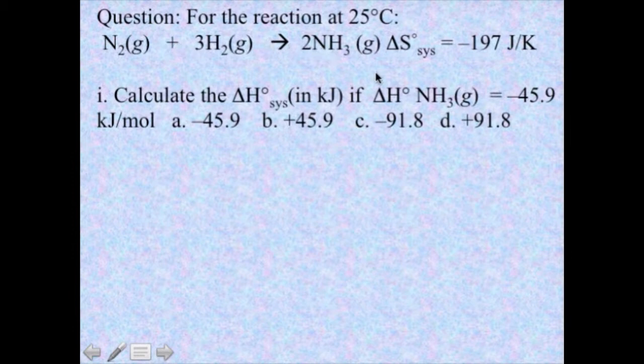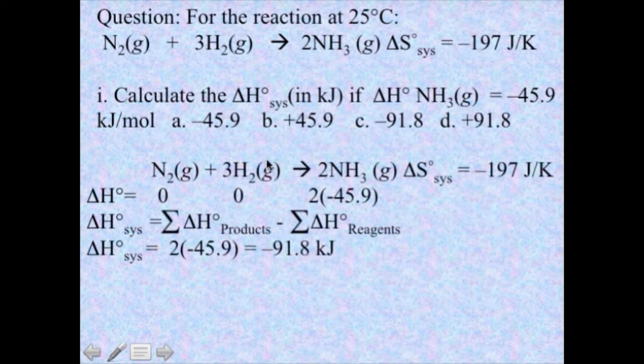So it's going to have a negative entropy. Calculate the change in enthalpy in the system in kilojoules if the enthalpy of formation of ammonia is minus 45.9 kilojoules per mole. Choose A, B, C, or D. Turn your playback off, calculate it, and come back.